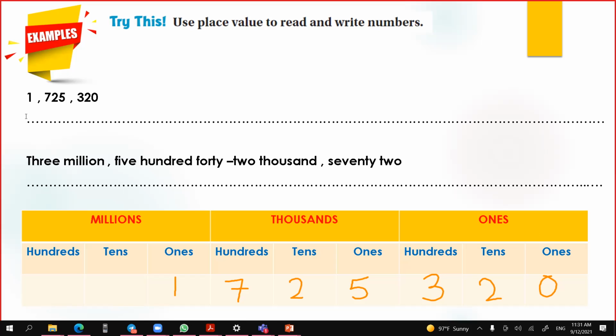From the ones. Okay. From the ones or from the millions? Ones? How ones, miss? I told you, start from the left, from the greatest number, which is the million.